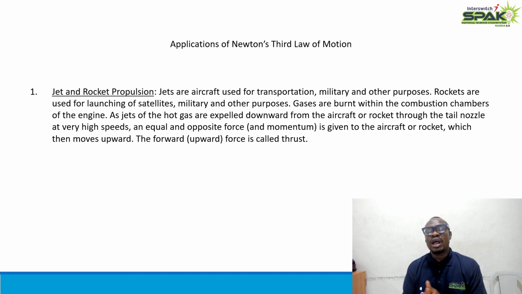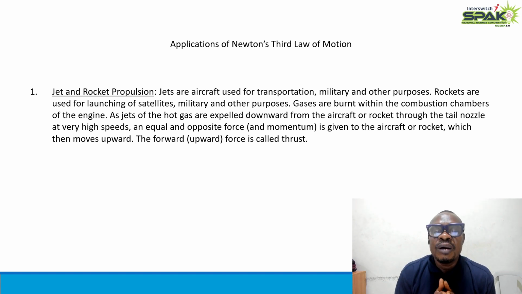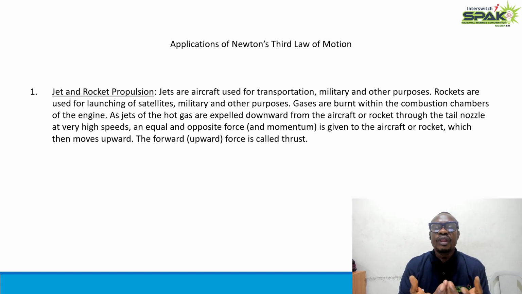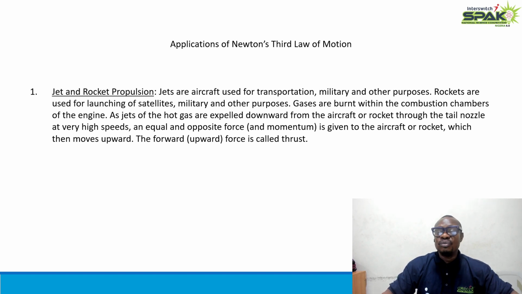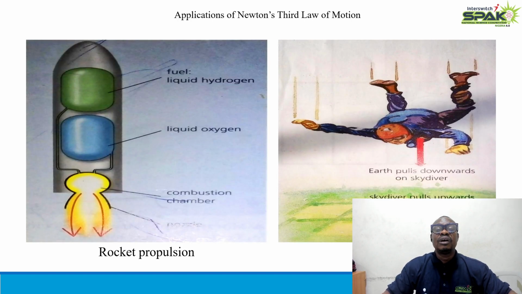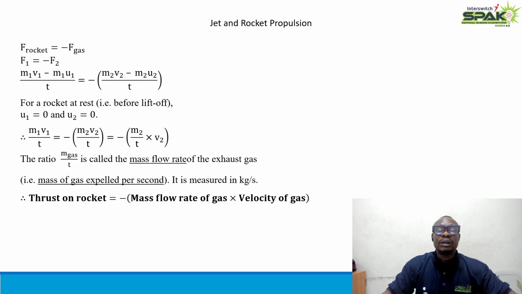So there's an equal and opposite reaction. The momentum from the expelled gases hits the molecules around the air or even the ground level, which propels the jet to move forward. So this is what I have just explained.